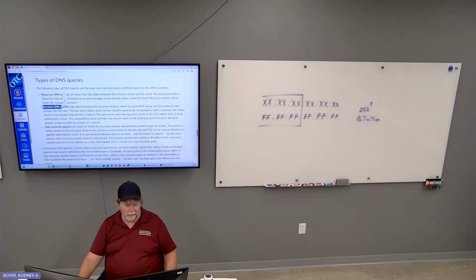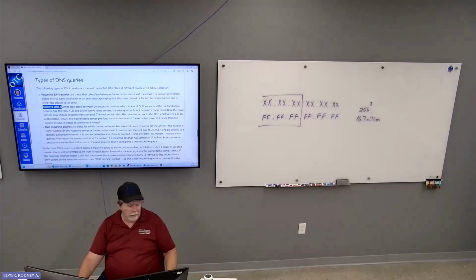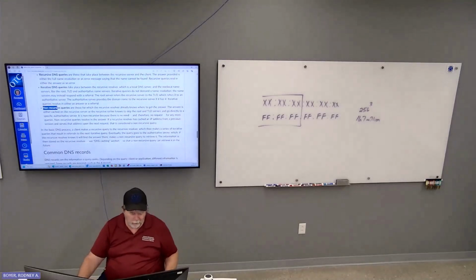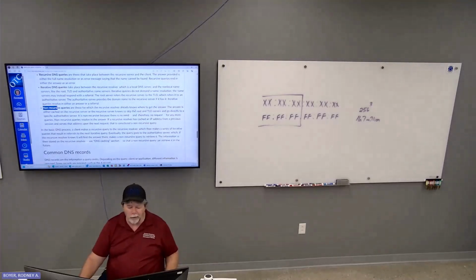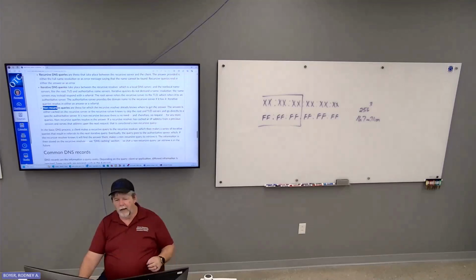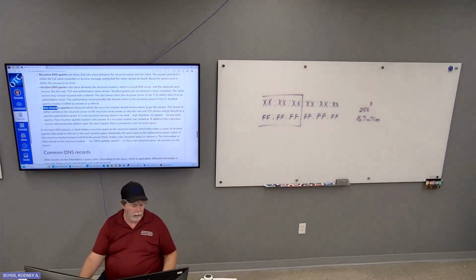So the iterative would be your ISP doing a query on your behalf. Non-recursive is for those which the recursive resolver already knows where to get the answer. So I don't have to go ask the root or the top level domain where to find this asset. I already know. So I don't have to do that recursive lookup. All I have to do is say, hey, here you go.